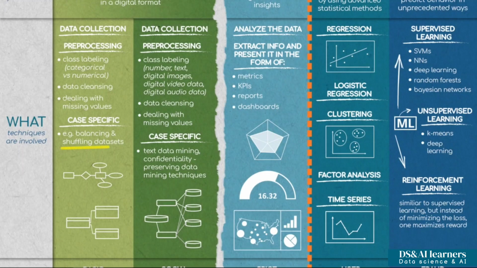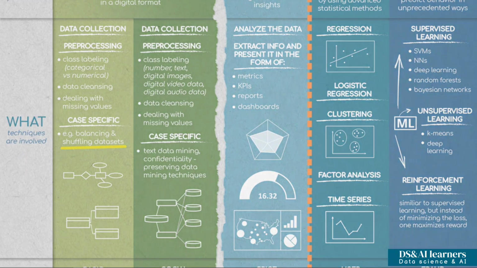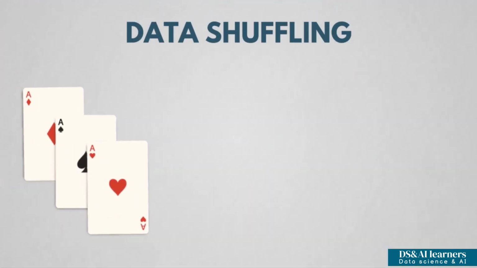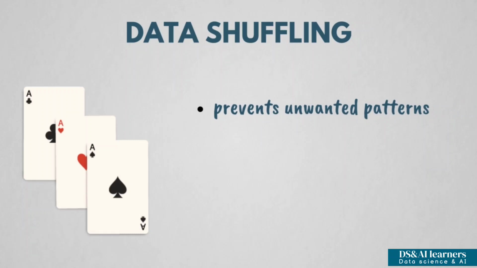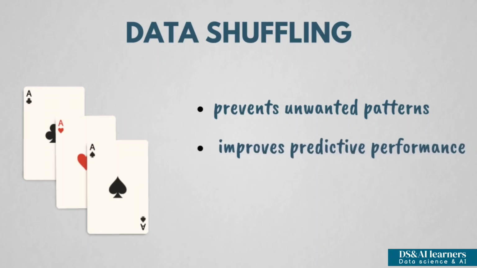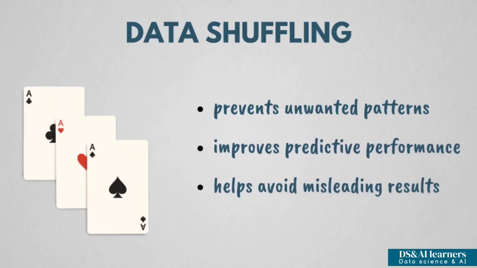Another common approach is data shuffling. Shuffling the observations from your dataset is just like shuffling a deck of cards. It will ensure that your dataset is free from unwanted patterns caused by problematic data collection. Data shuffling is a technique which improves predictive performance and helps avoid misleading results. But how does it avoid delusive results?